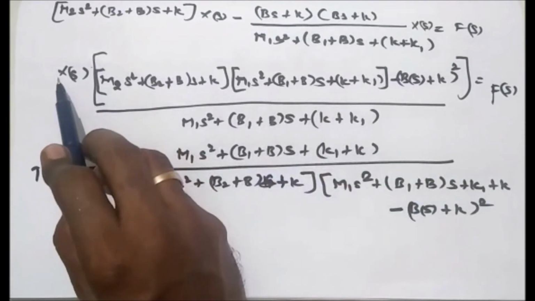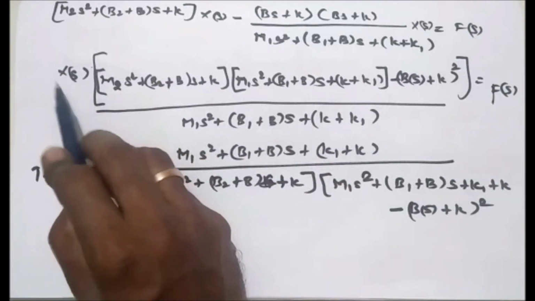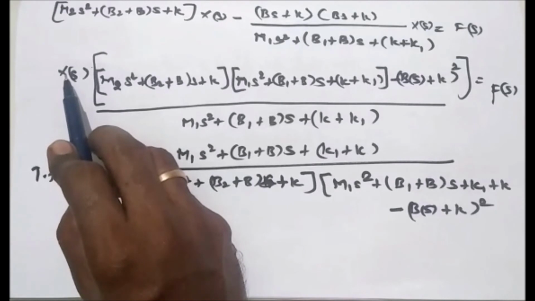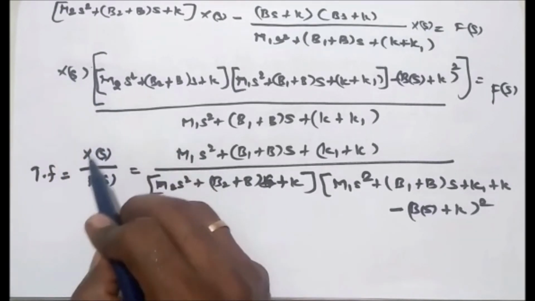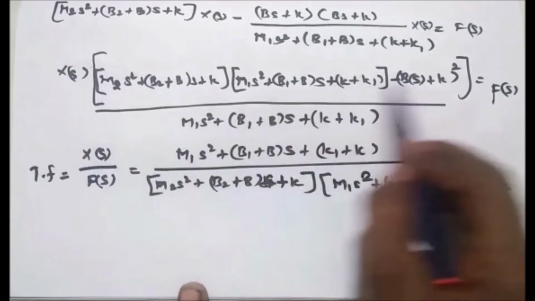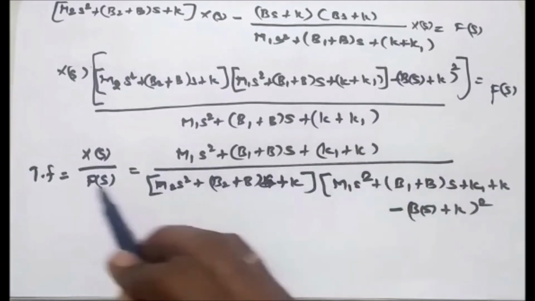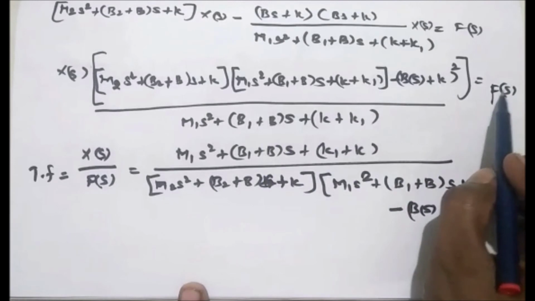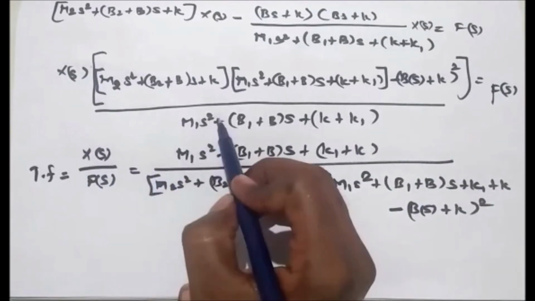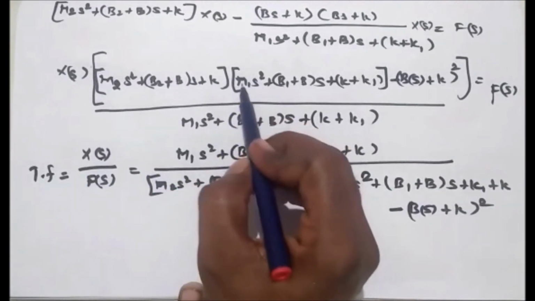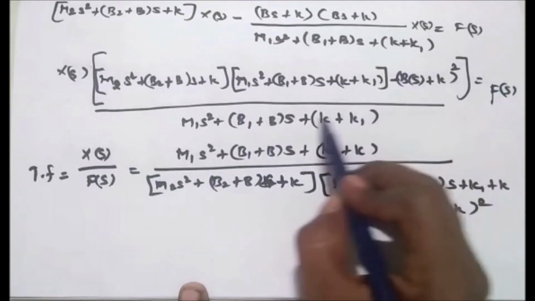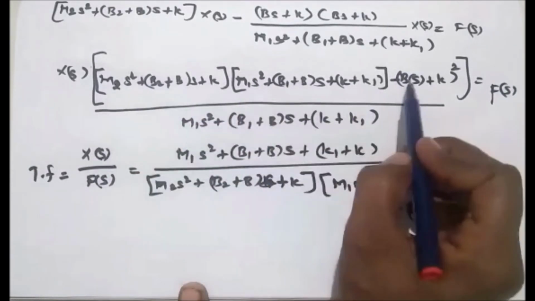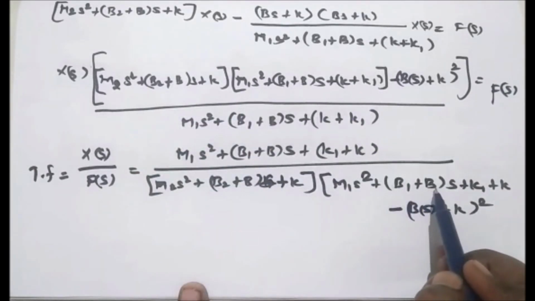Therefore f of s is the Laplace transform of input. This is the final displacement, also in terms of Laplace transform. Therefore the Laplace transform of output x of s divided by the Laplace transform of input f of s equals this term. So we bring this term here and take the entire term to the right-hand side. This will become the numerator and this entire term will become the denominator.